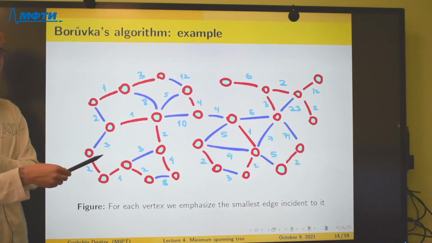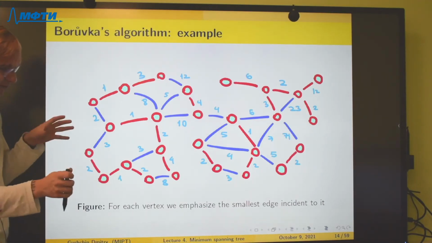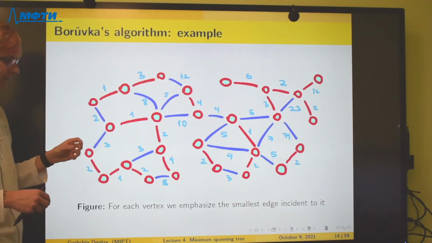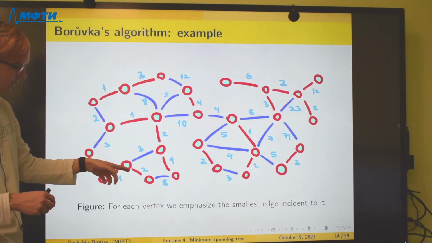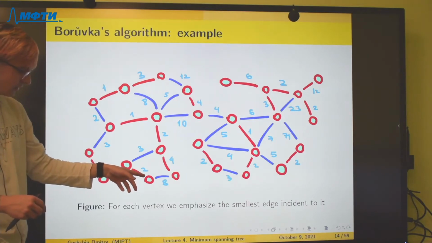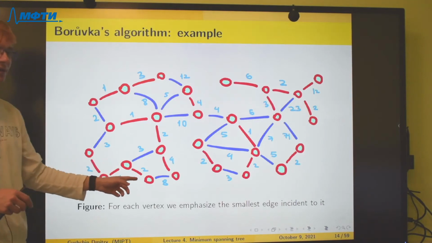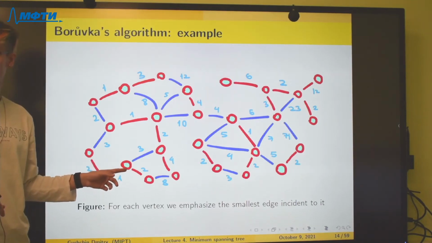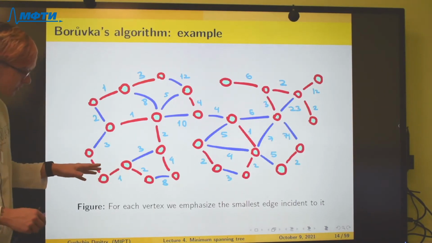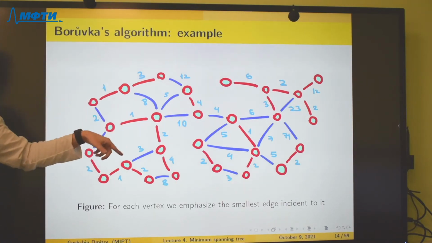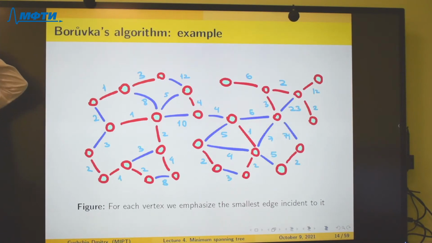And of course, when we add, we need to union components and firstly try to find if these components are equal, of course. So we cannot get a cycle in the components.